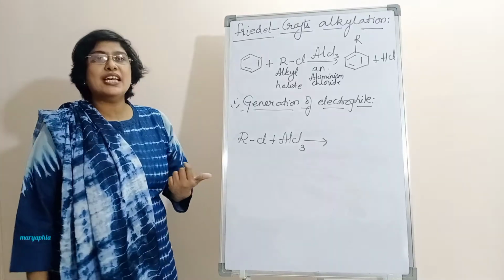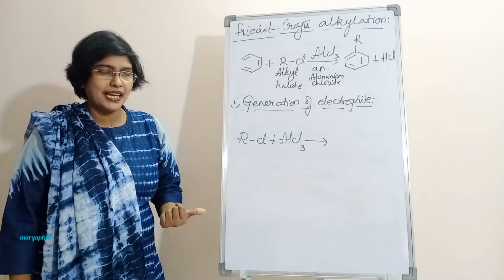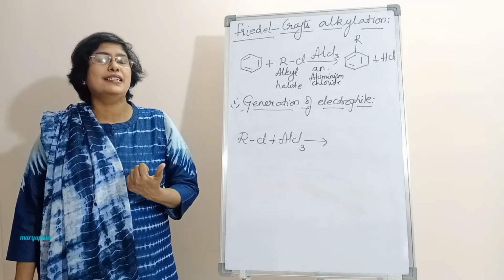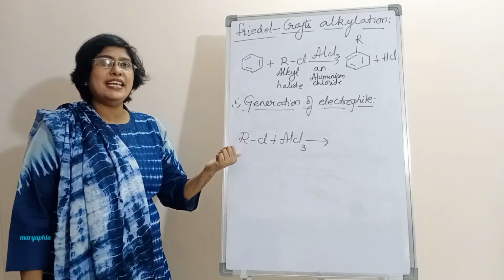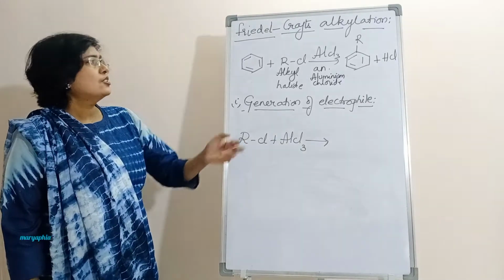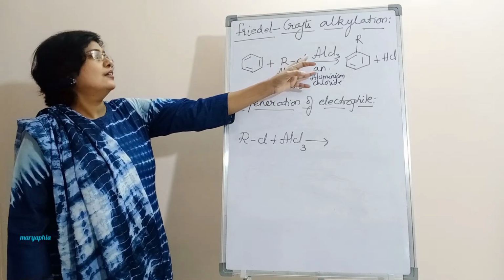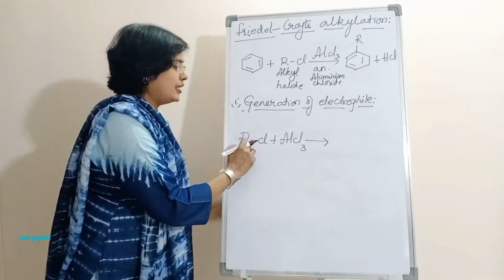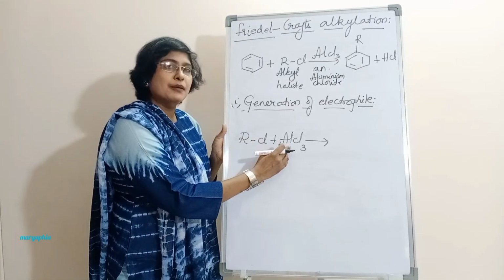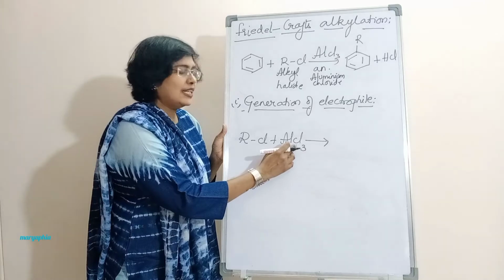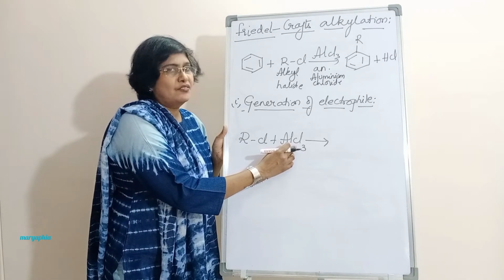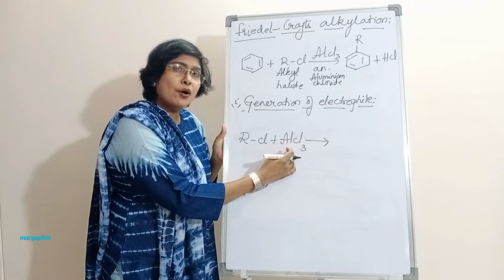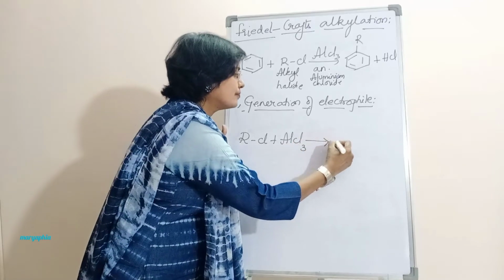First one is generation of the electrophile. What the electrophile is and how it is generated, let us see in the first step. Taking alkyl chloride plus AlCl3, what happens? This Cl with the 2 electrons will be taken up by AlCl3. Already how many chlorine atoms are here? 3. So one more is coming. That means AlCl4 minus.